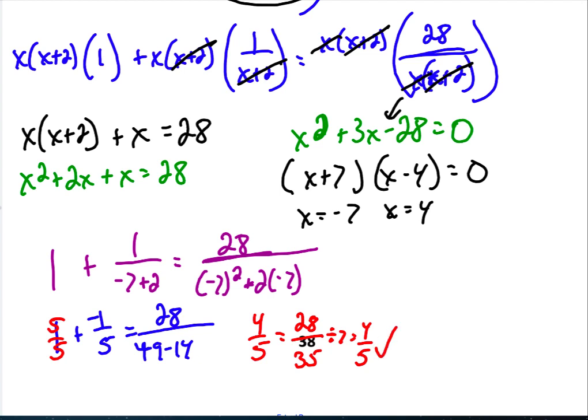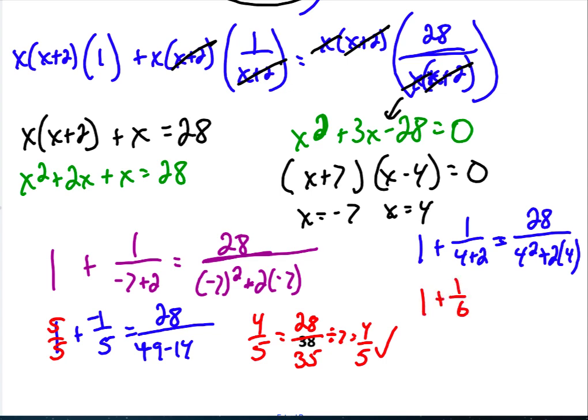So that one works. So let's check our other one with a 4. So I'm going to do 1 plus 1 over x plus 2 is equal to 28 over 4 squared plus 2 times 4. So I get 1 plus 1/6 or 5/6.